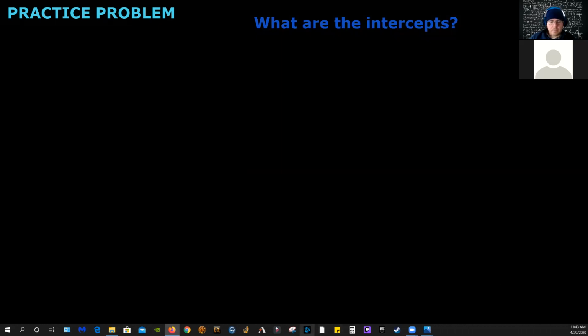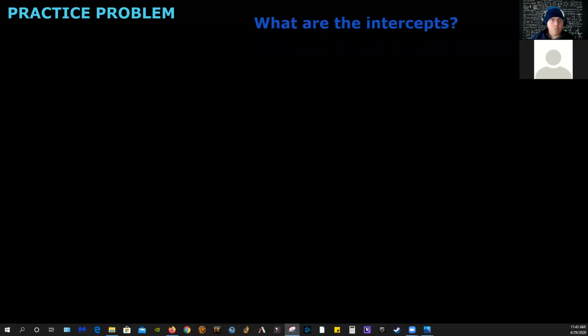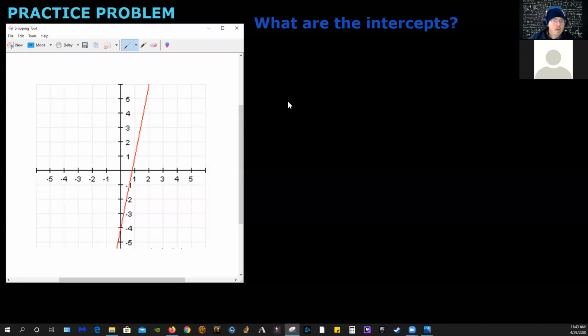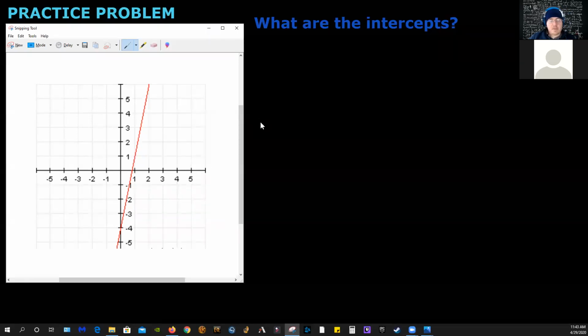Look at this one. All right, chat. Take a look. See if you can tell me what you think the y-intercept is and what the x-intercept is.